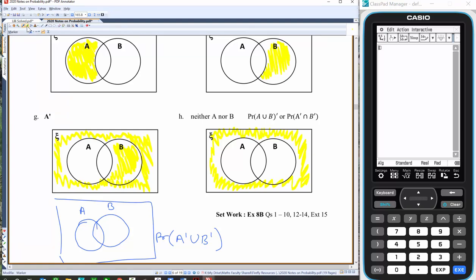Now, so what I'm going to do is shade not A first of all. Okay, so not A is B only, and this outside here. And now I'm going to shade not B. Change color. The green I was using, which is not B, which is A only, and the outside.